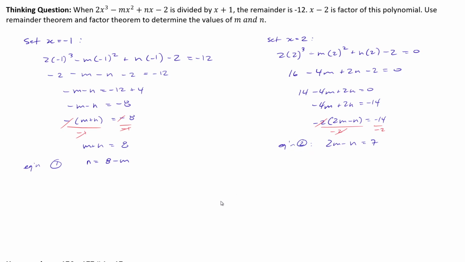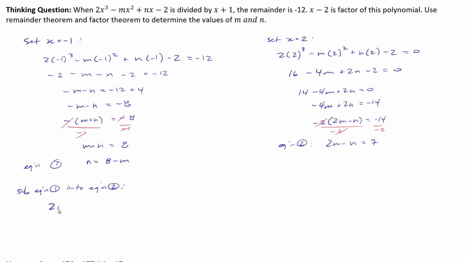Now, we have two linear equations. So what we can do to find the values of the two variables, right, is I can sub one equation into the other. So I'm going to sub equation 1 into equation 2. Okay, so my first equation is n is equal to 8 minus m.